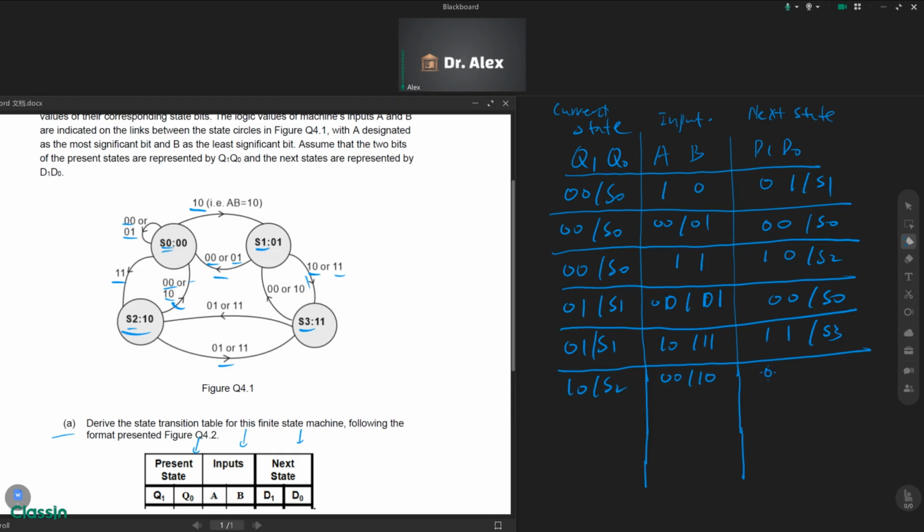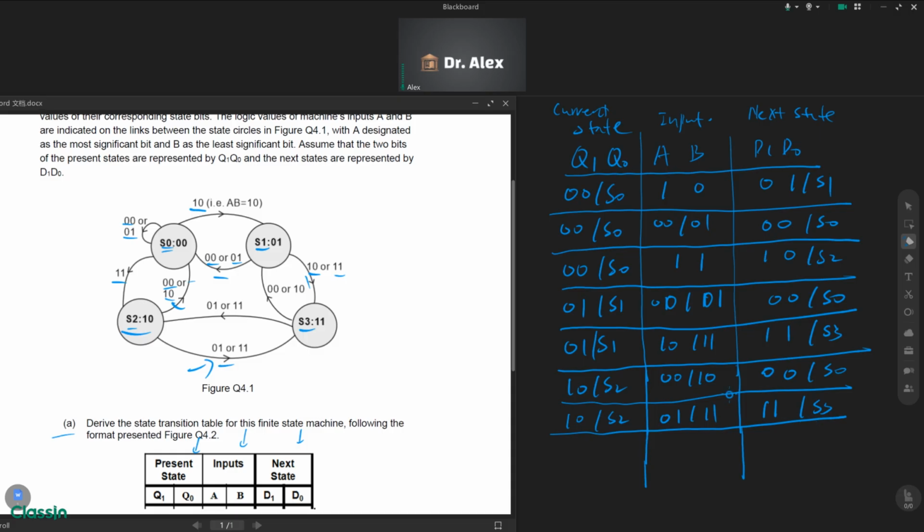It would go to 00, which is state 0. Okay, and another one is this one. We start from 10, which is state 2 as well, and the input is 01 or 11. It would go to state 3, which is 11, or state 3.